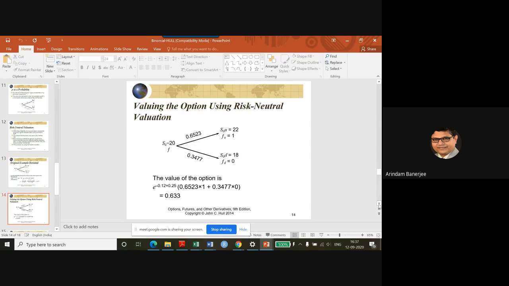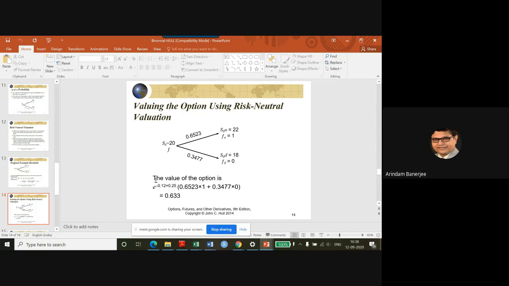Okay. Now my final tree is like this. 20, if there is an upside, it becomes 22. If the downside, it will become 18. 0.6523 is the P, and 0.3477 is 1 minus P. I have to calculate F. So I can calculate F by calculating the present value of these two options.